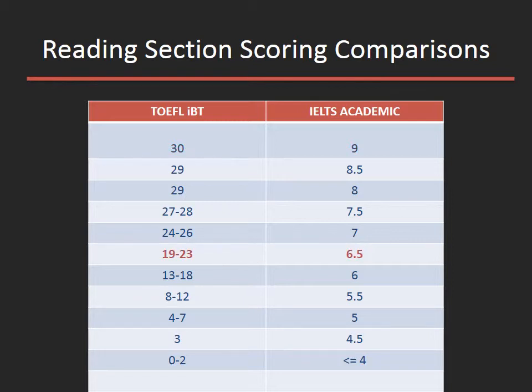Midway down the chart, we notice a 19 to 23 range on the TOEFL is comparable to a 6.5 on the IELTS. And on the lower end of the figure, a 0 to 2 on the TOEFL is considered less than 4 on the IELTS academic test.